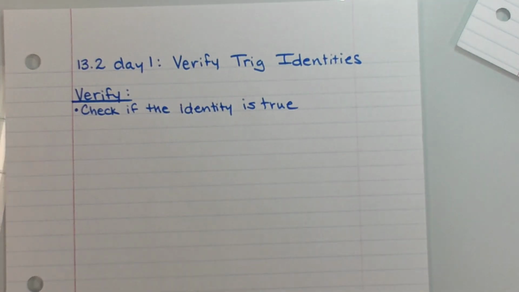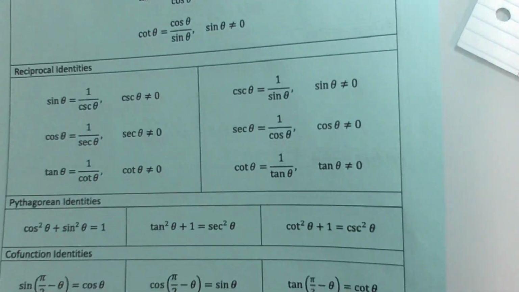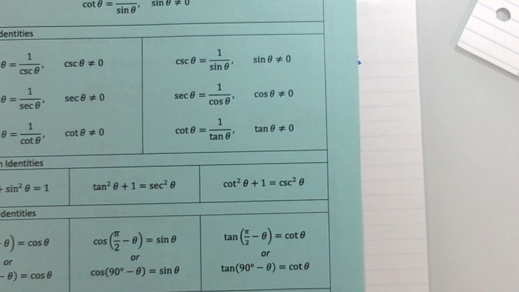Now, what that means is today you're going to get equations, so there's going to be an equal sign in there this time, and they are trig identities, which means they are equations that are true for all values in which the function is defined. But they're more complicated identities than what are simply on your blue sheets, because in all actuality, there are an infinite number of trig identities out there.